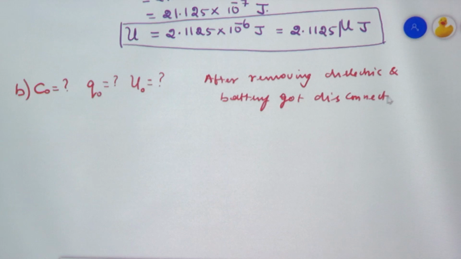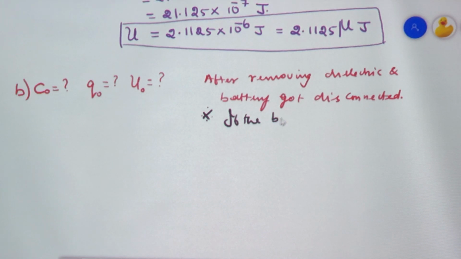Already while we are studying this theory, introduction of dielectric in two cases, connected with battery and connected without battery, we have studied that when the battery is disconnected, the total charge will always be the same. The total charge never changes. Just consider an important point.